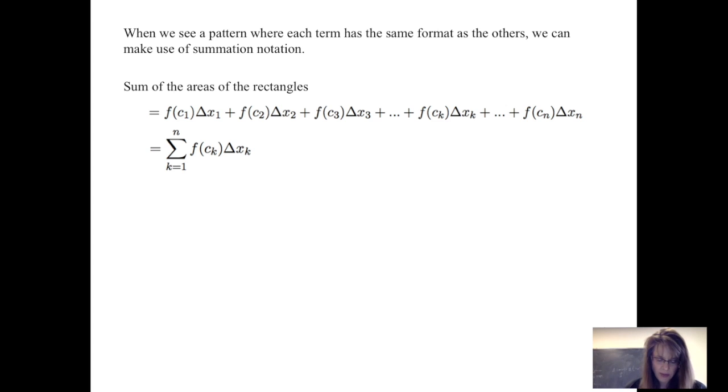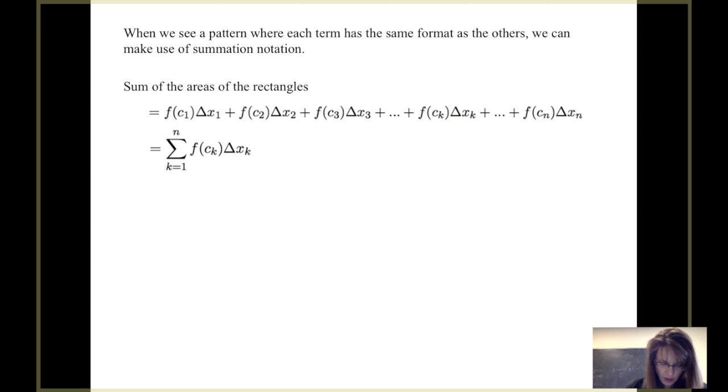And what that simply means is that for each term here, we see that it takes the same format. We're evaluating the function at our sample point, and we're multiplying it by our width. And we're seeing that our subscripts indicate which rectangle we're on.